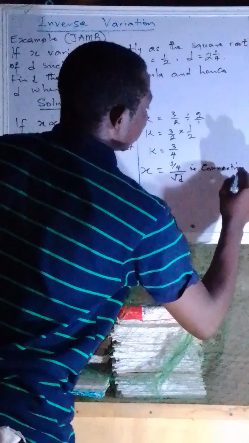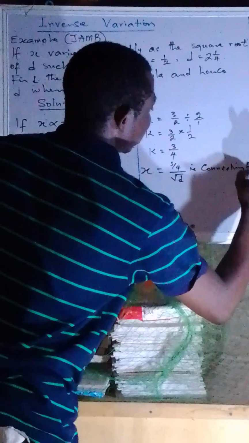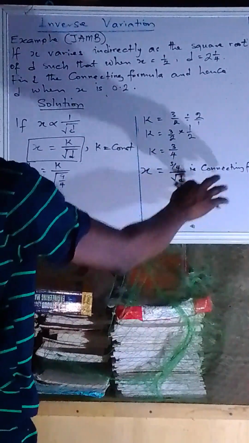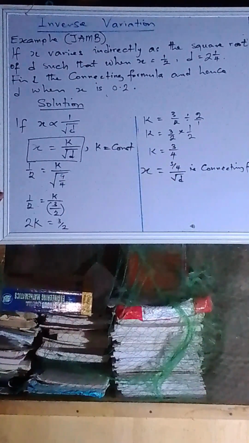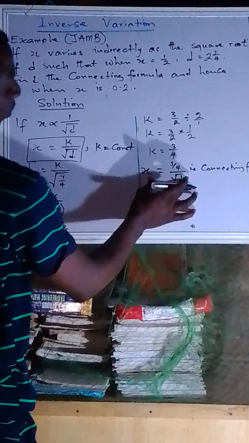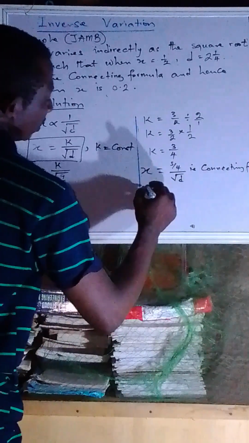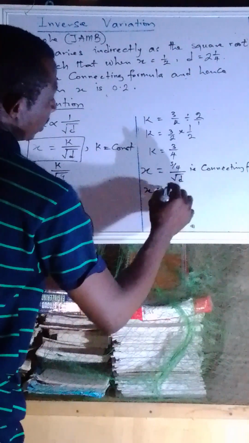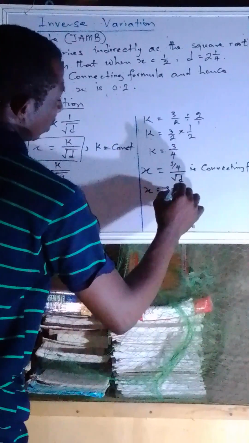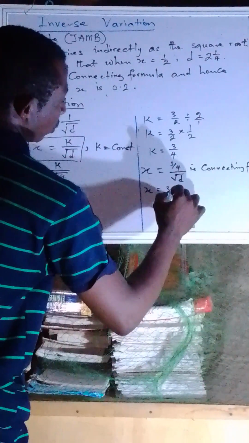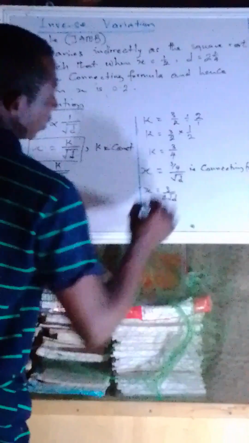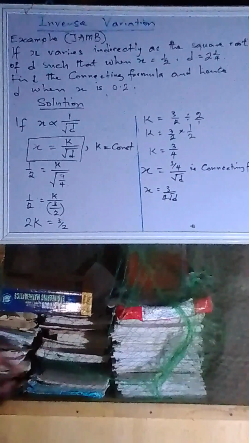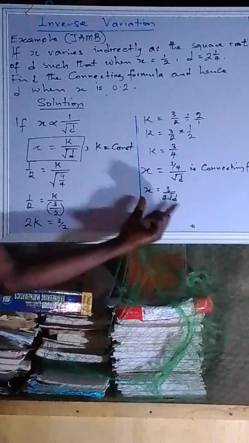This is the connecting formula. But you can tidy it up. It's still the same thing as 3 all over 4 square root of d. This one looks simple.